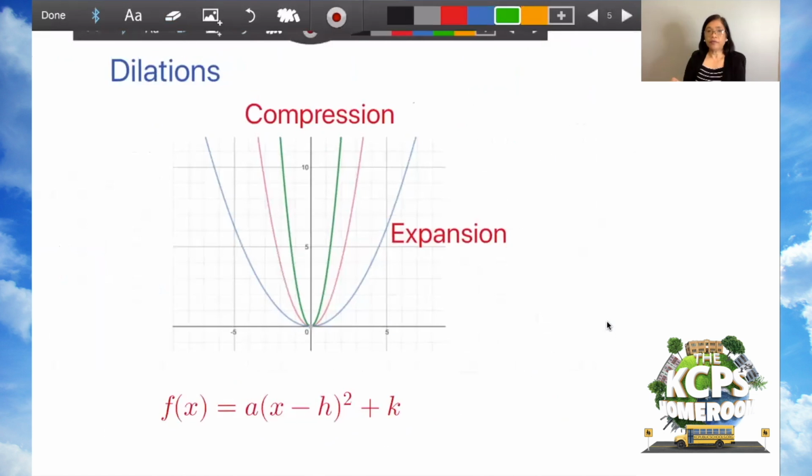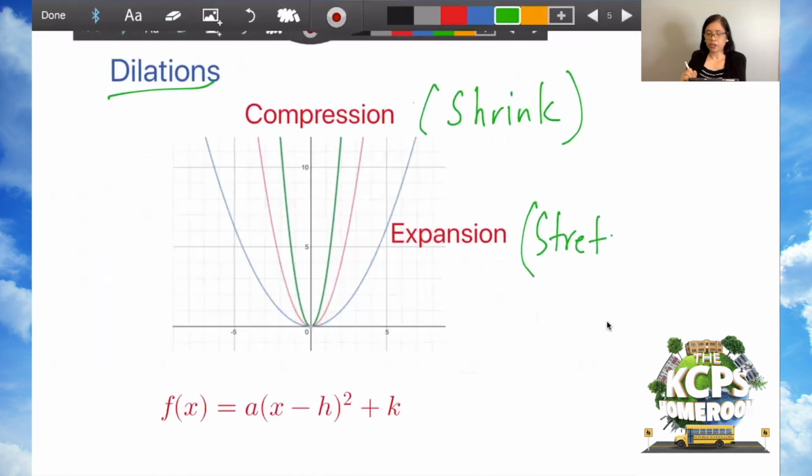Then we now have dilations. When we talk about dilations, we're talking about compression or shrink. You compress the graph, or the graph moves closer to the y-axis. And when we talk about expansion, we're talking about the stretch.